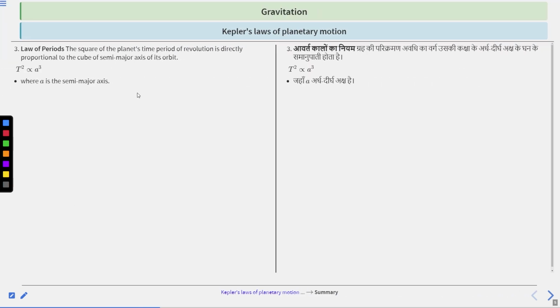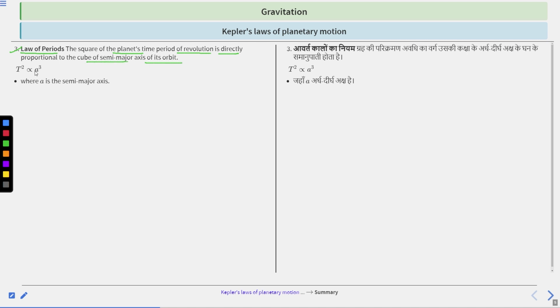Next is the third law, law of periods. The law of periods states that the square of the planet's time period of revolution is directly proportional to the cube of the semi-major axis of its orbit.